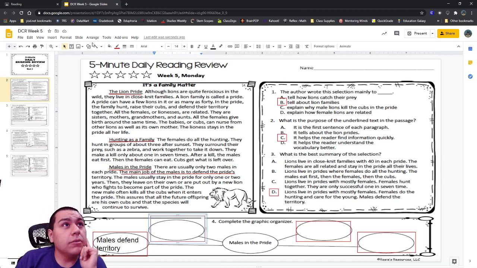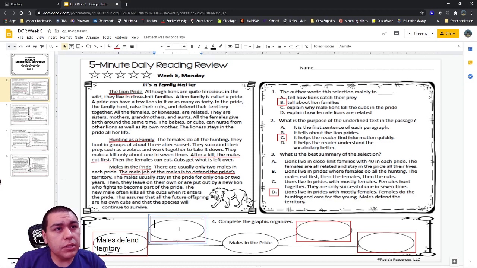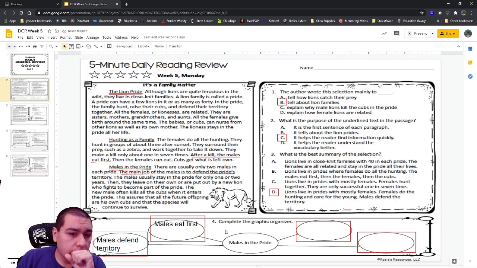I see that one's actually a fact from paragraph 2, not even paragraph 3. So that was a tough one to find. Good job. So here, after a kill, the males eat first. So I can put that here. Males eat first. Okay? There's 2 facts. I have 2 more circles, which means I need to find 2 more facts.